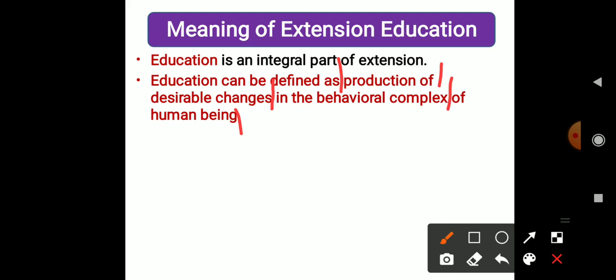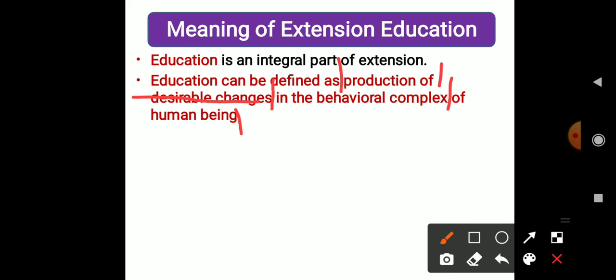Now here we have to produce desirable changes. There are desirable changes and undesirable changes also. A desirable change is one because of which constructive or fruitful things happen. But a change because of which faulty things happen in the universe, wrong things happen, that is an undesirable change.